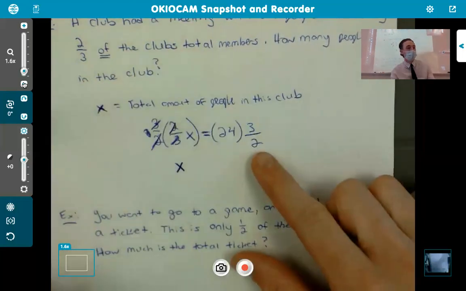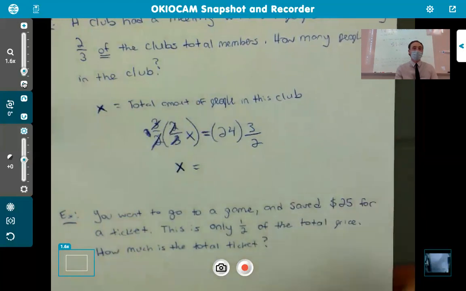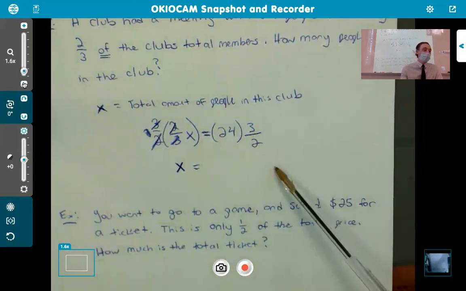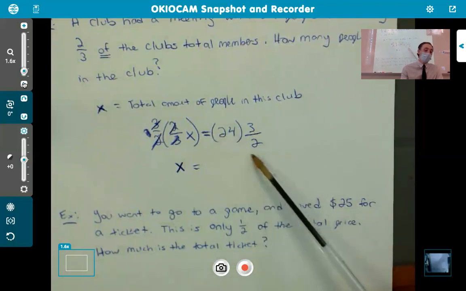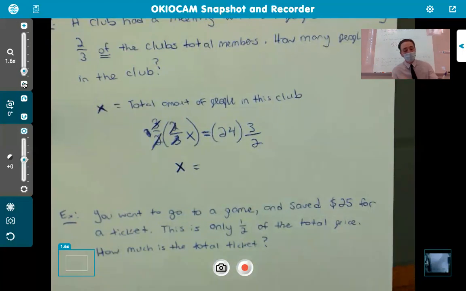So I'm going to multiply 24 by 3/2 as well. Using a calculator or mental math, what's 24 times 3/2? You can do 24 times 3 and then divide by 2, or 24 divided by 2 and then multiply by 3. That's 36. Good.